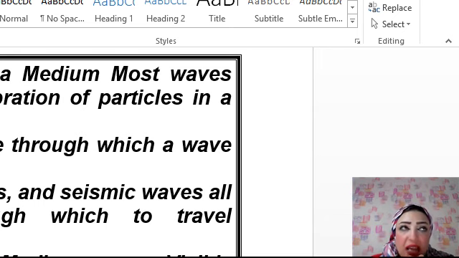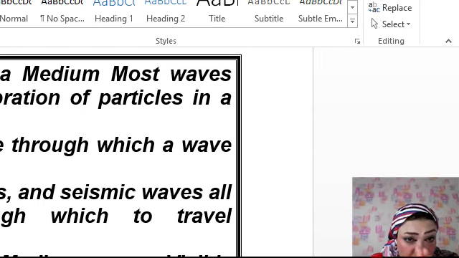Electromagnetic waves are a type of wave that doesn't need a medium to travel through. Again, what are electromagnetic waves? This is the wave that doesn't need a medium to travel through. So electromagnetic waves travel through vacuum or empty space, right?